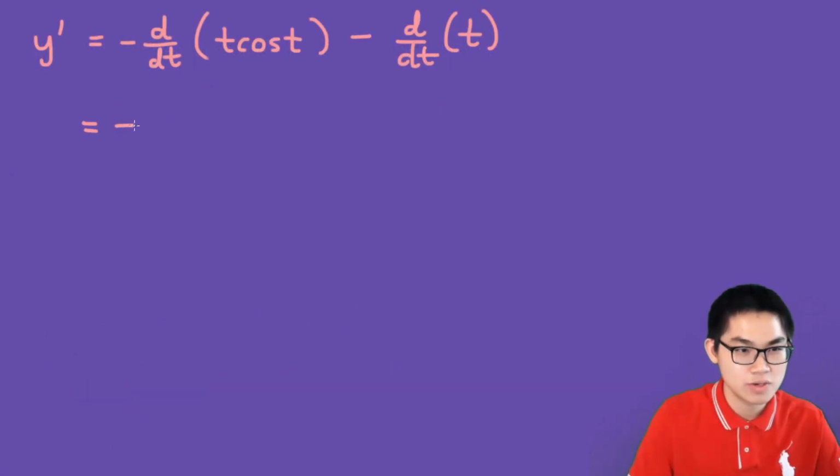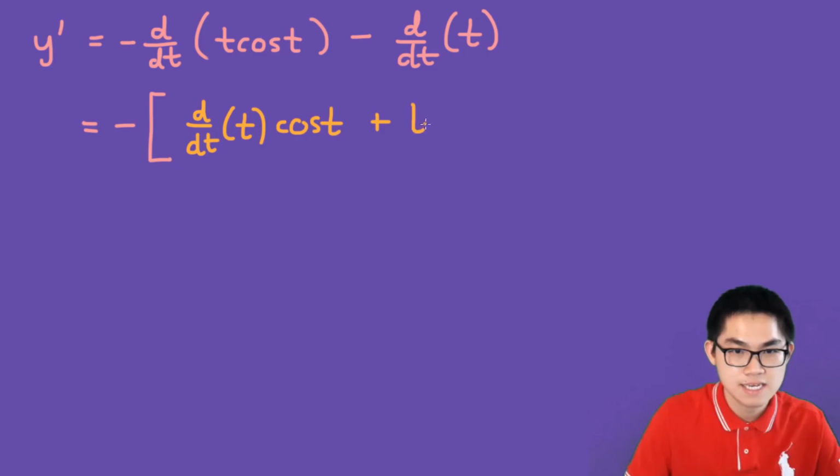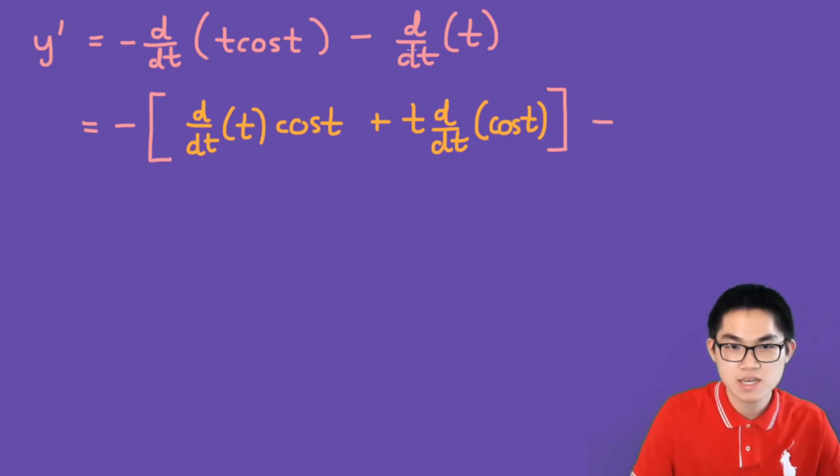This is equal to negative. And what's the derivative of t times cosine of t? Using the multiplication derivative, you get d over dt of t times cosine of t plus t times the derivative of cosine of t, minus, and what is d over dt of t? That's 1.